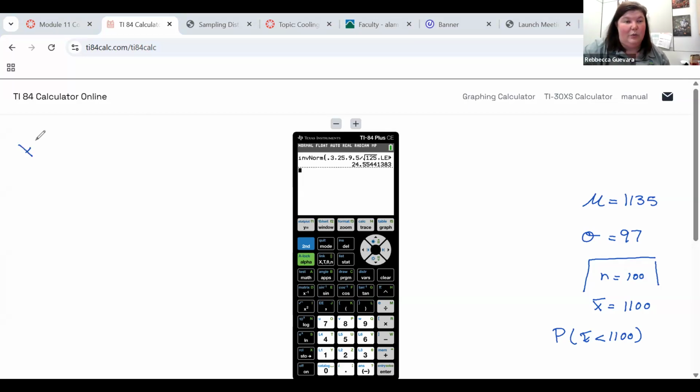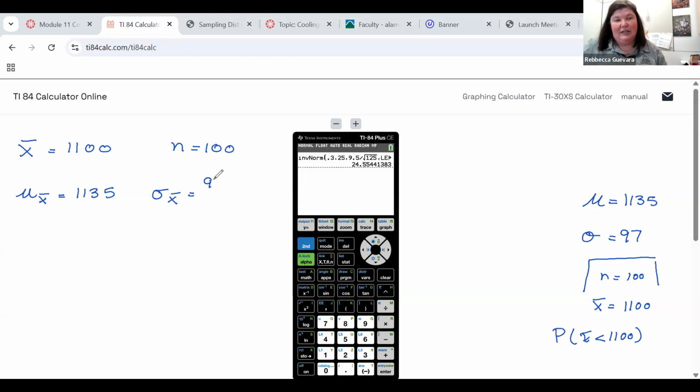Okay. So we have a sample size of 100 bulls. So the mean weight of 100 bulls should still be 1,135 pounds. And the standard deviation in 100 bulls, according to their weight, should be 97.